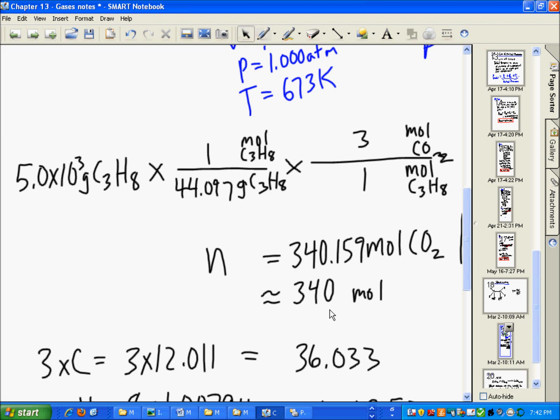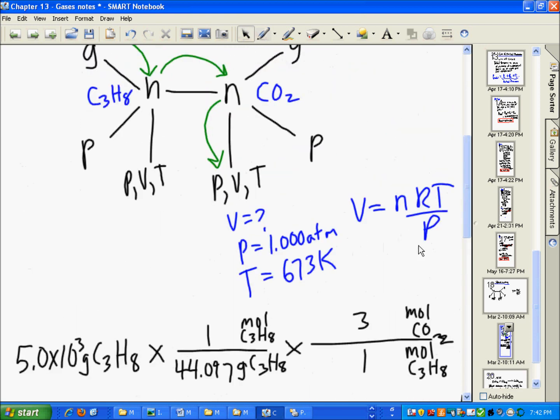Okay, so this will go into our ideal gas law equation.